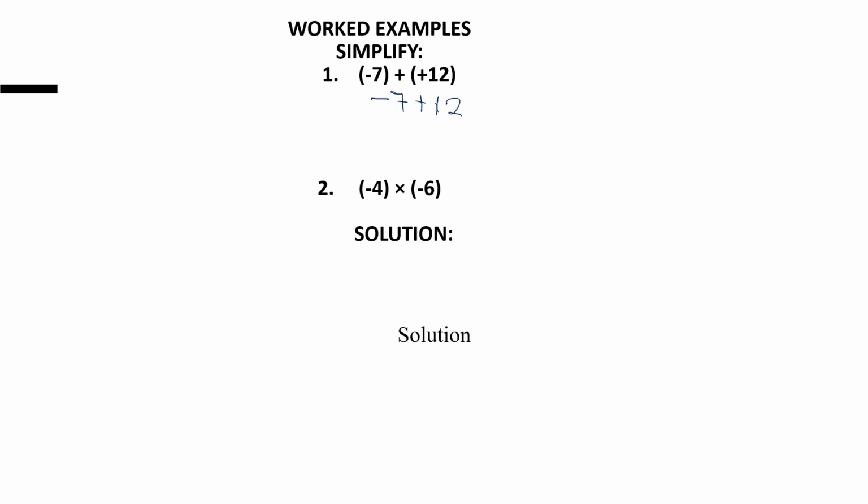So 7 plus 12, which is the same as 12 minus 7, is 5. Now let's look at the second part. Negative 4 times negative 6. Remember, negative negative will give positive. 4 times 6 is 24.